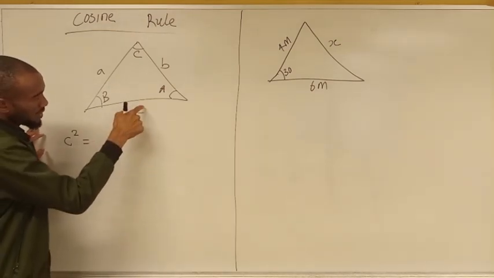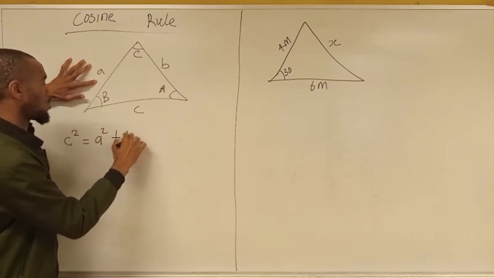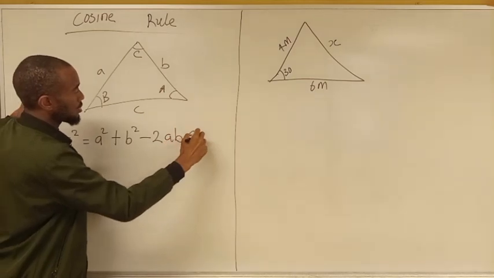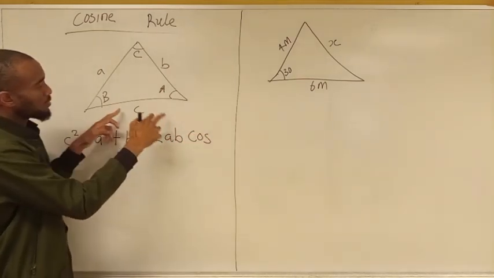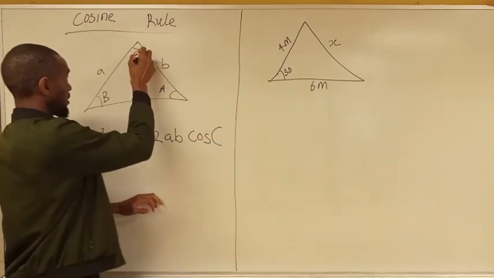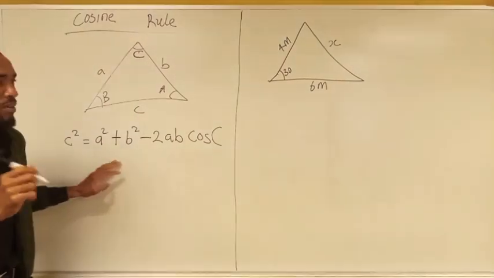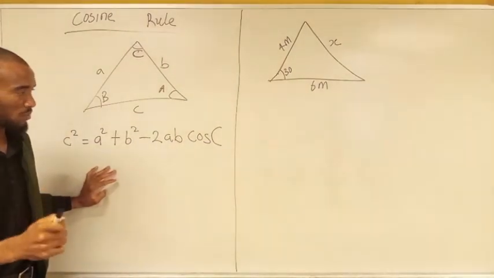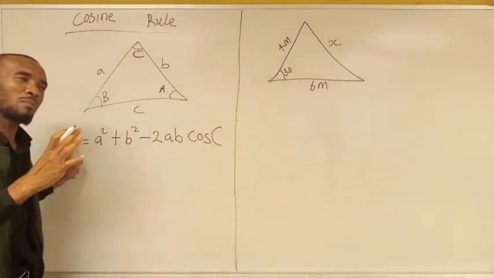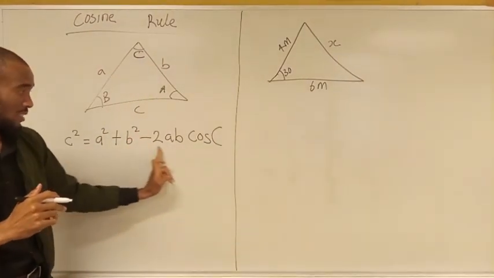As long as I'm working with this, then I can say that c squared equals a squared plus b squared minus 2ab cos C. The angle that I must use here must be this, the large C. It is very important for you to understand the relationships. It has some similarities with the Pythagorean theorem, but if you pay close attention, this was added.